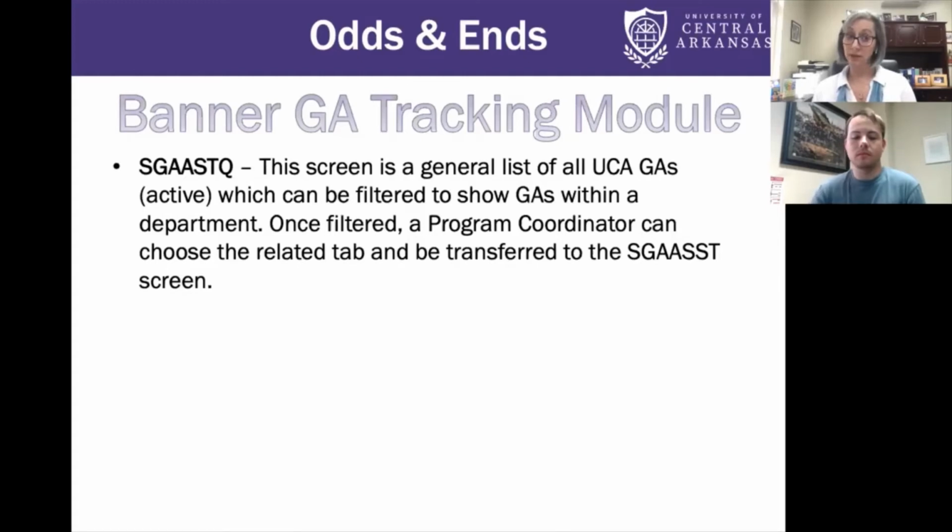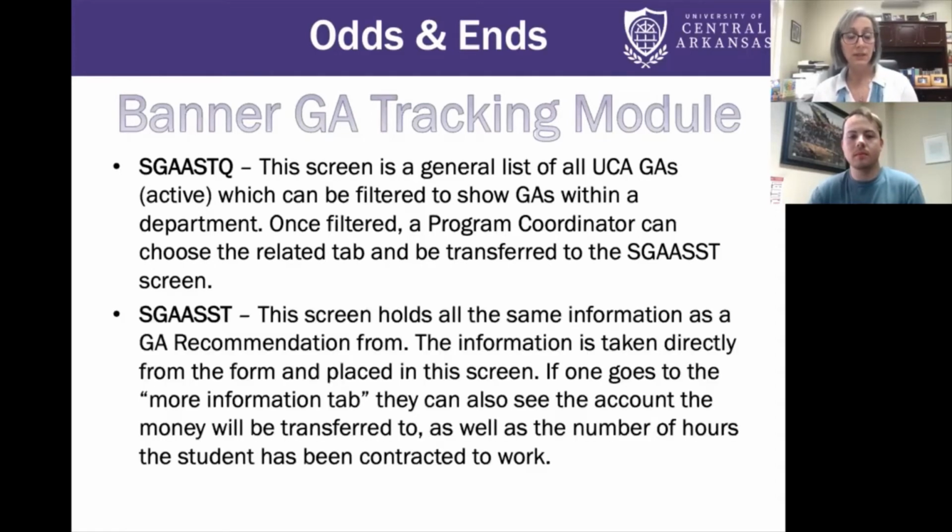This screen, SGA ASTQ, is going to have a general list of UCA GAs that are active, and it can be filtered. We're going to show you a brief video in just a second of what these look like in action. The second screen is SGA ASST, and it holds the information from the GA recommendation form. These screens together allow you to access GA information.